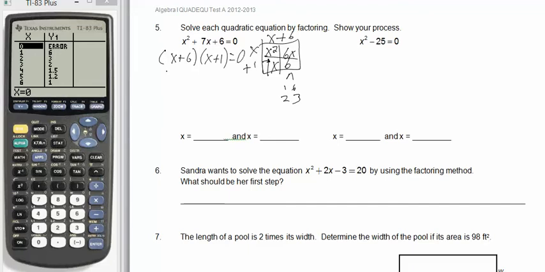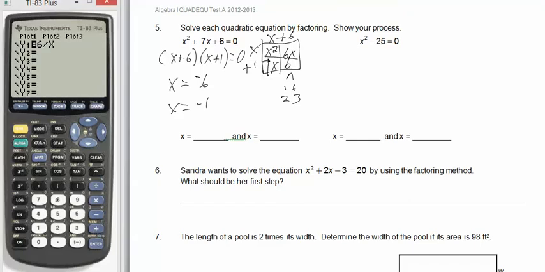And what makes that 0? So what makes this one 0? That's going to be x is equal to -6. And what makes this 0? X is equal to -1. Now we could have also done this just by going into here and going x squared plus 7x plus 6, and then putting 0 in y2.